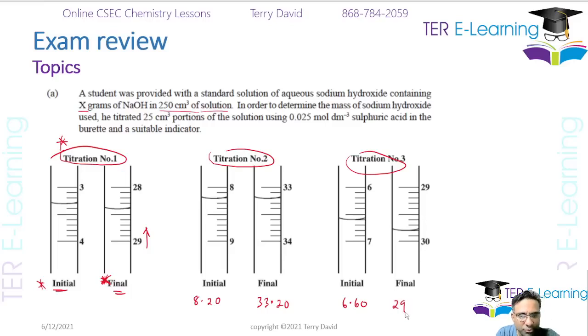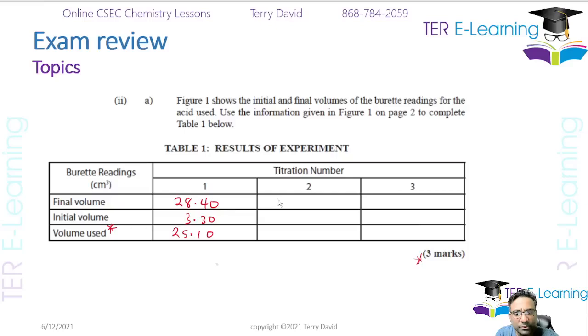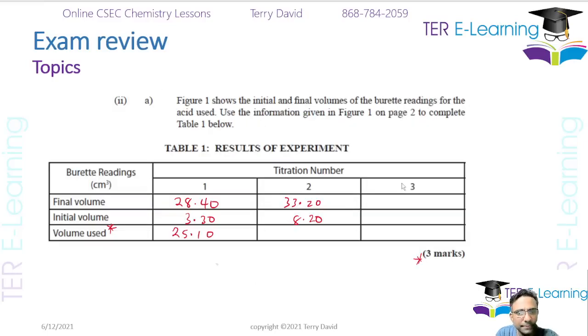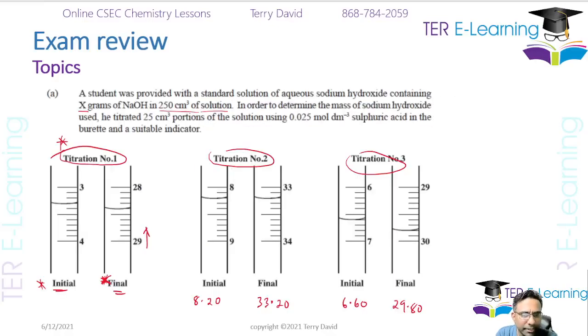So I need to take that information and put it in the table. So 33.20, 8.20. And the last one was 29.80 and 6.60.